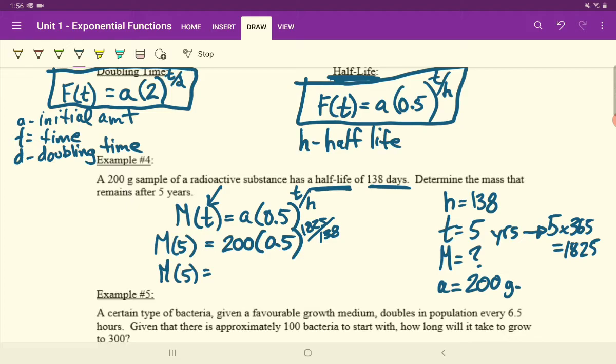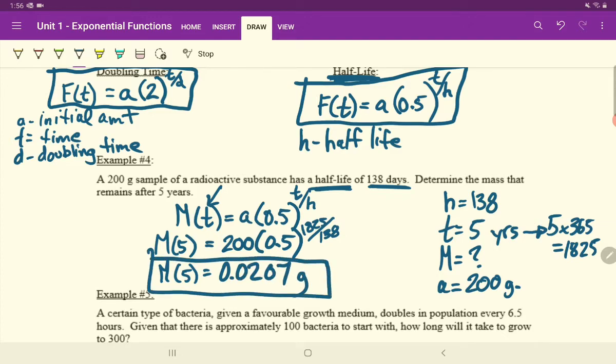Okay? And I suppose you can even do another step and just divide 1825 by 138, but you can do it all in one step if you follow what I just outlined. So look what happens to this radioactive material.